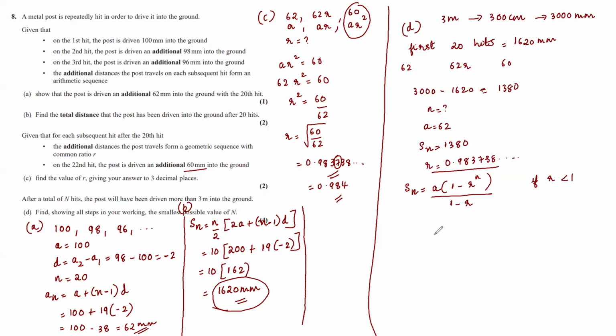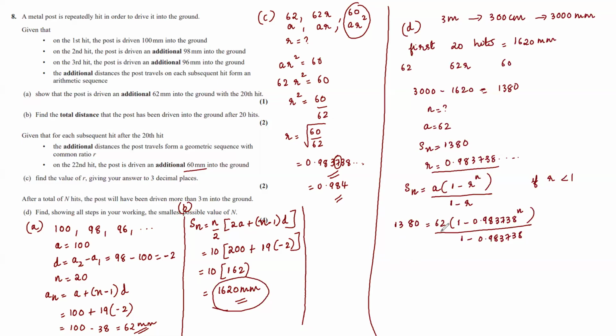So the sum of n terms is 1380. A is 62 into 1 minus 0.983738 to the power of n divided by 1 minus 0.983738. Now, just normal algebra.